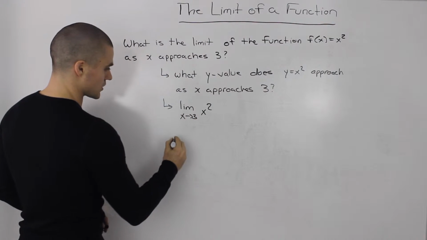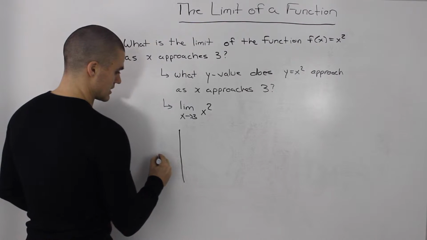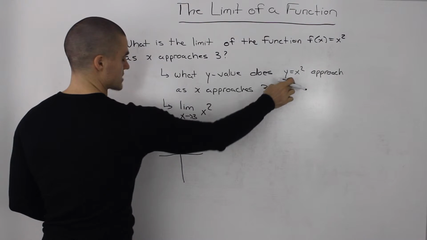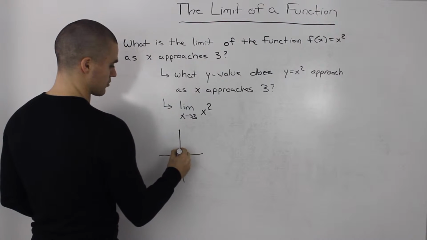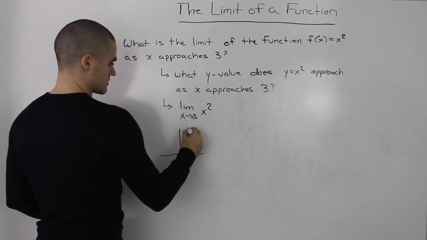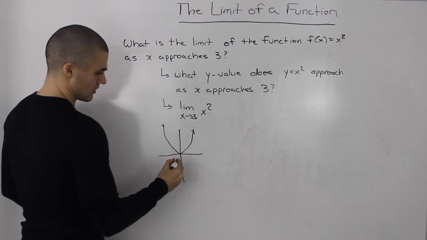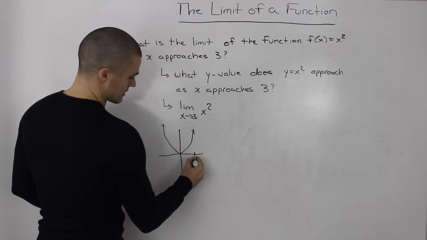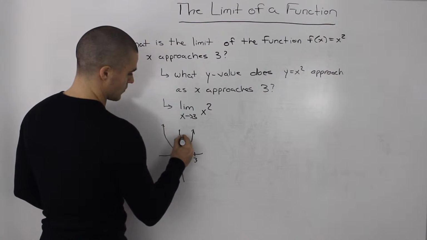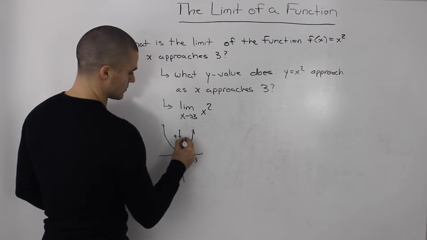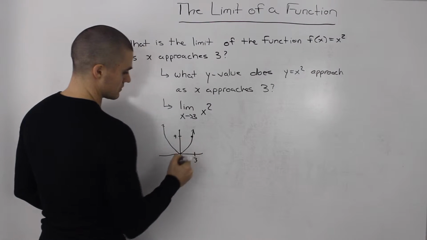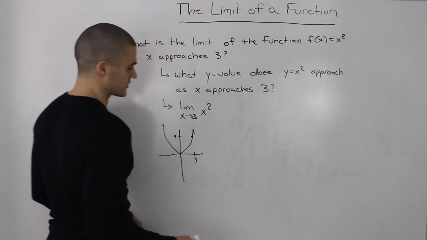And the answer to this question, let's just draw y equals x squared. So that's just a parabola. So it'll look something like this. And when x is 3, what's the y value? The y value is 9 here, right? Because 3 squared is equal to 9.